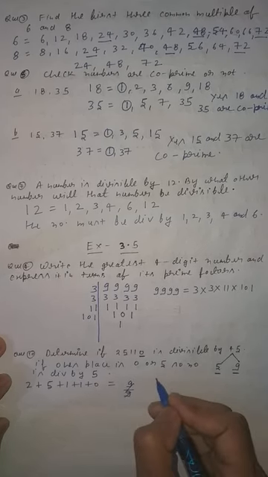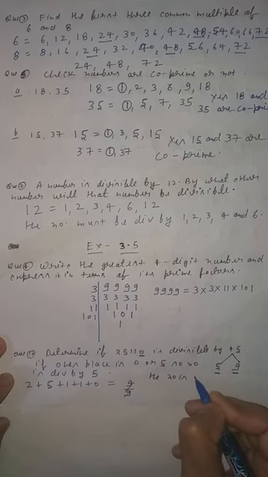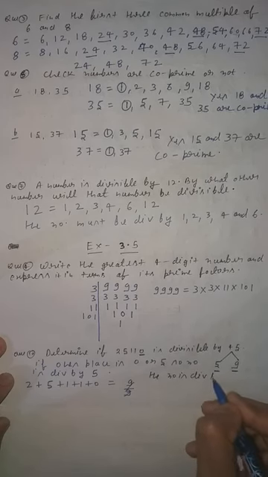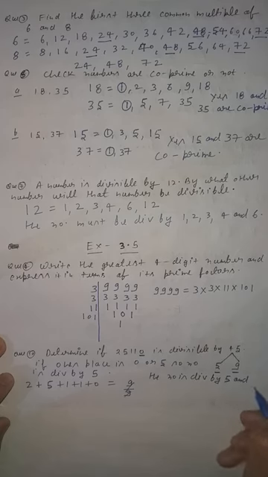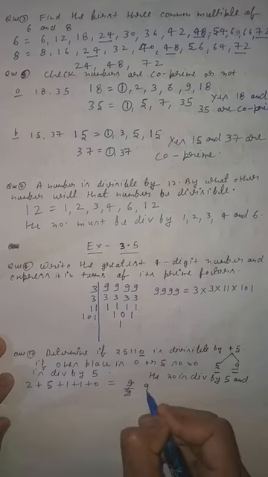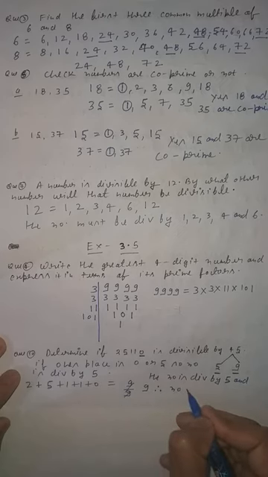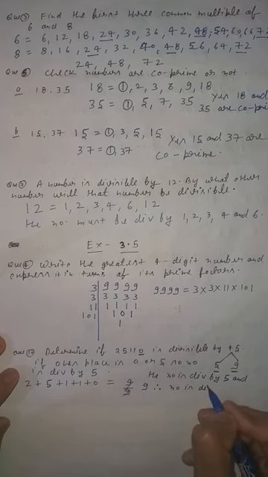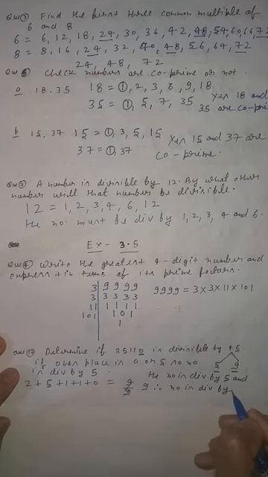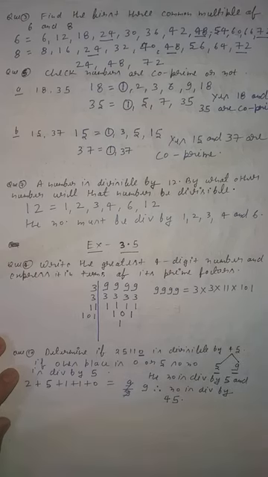So you can say the number is divisible by 5 and 9. Therefore, the number is divisible by what? You know that, 45. Clear, students?